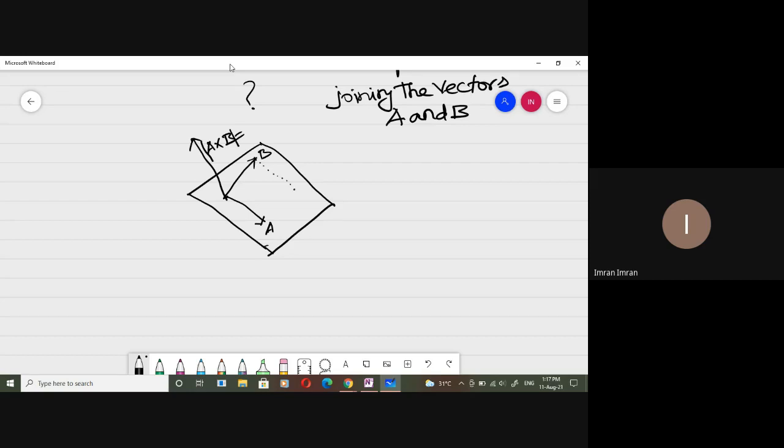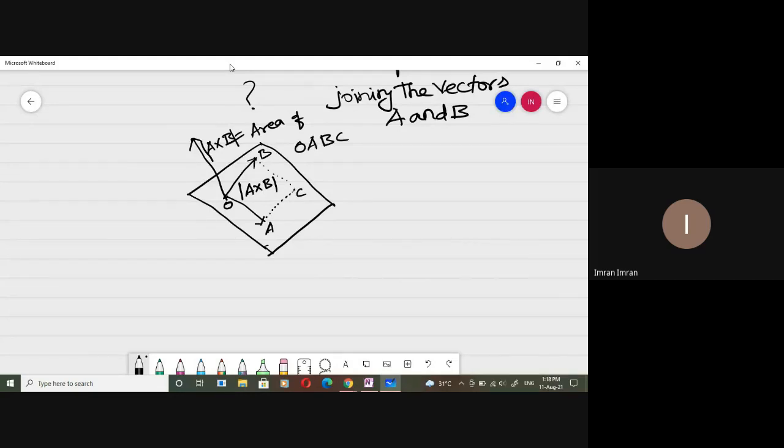The origin point is O, the meeting point is C. The area of this is A cross B, the area of OABC. This is the main concept of the cross product of vectors.